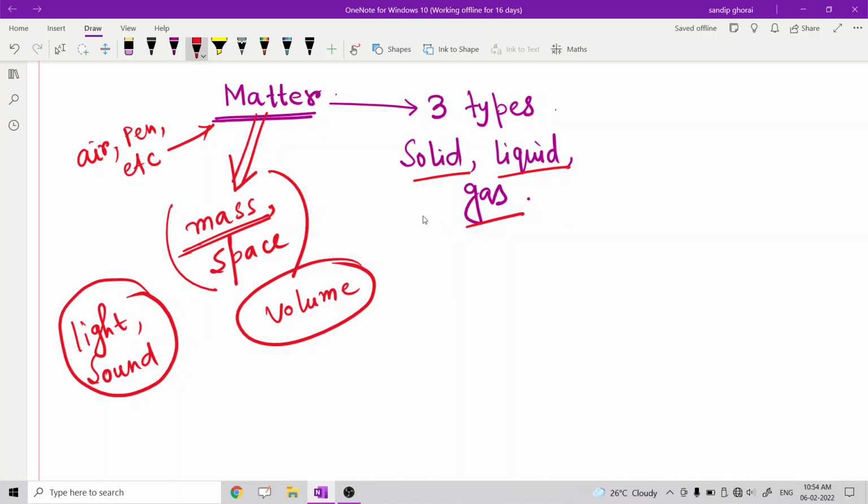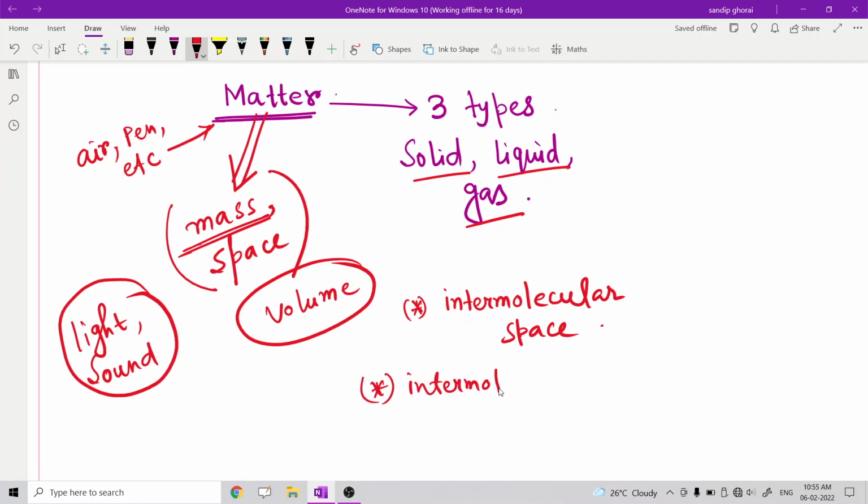Here we discuss three types of matter, solid, liquid, and gas, and the characteristics of solid, liquid, and gas, such as shape and size, depend upon some factors. One is intermolecular space, and the next is intermolecular force.